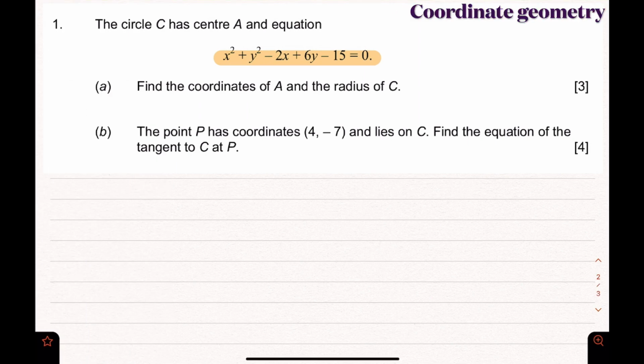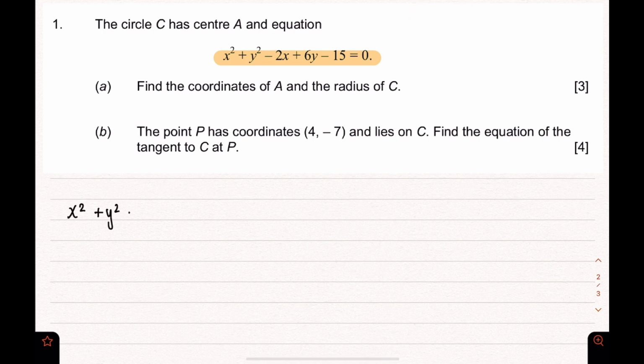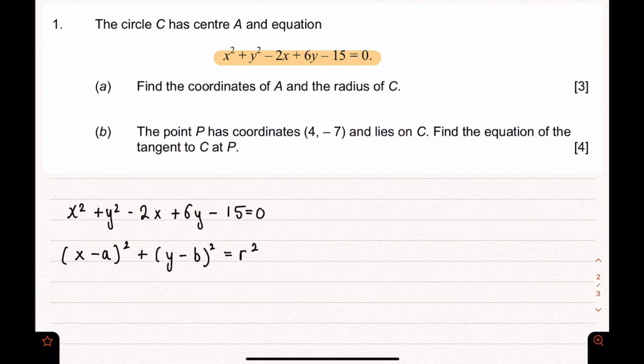So the equation given is x squared plus y squared minus 2x plus 6y minus 15 is equal to 0. The equation of a circle can also be written as (x minus a) all squared plus (y minus b) all squared is equal to the radius squared, given that r is equal to the radius.